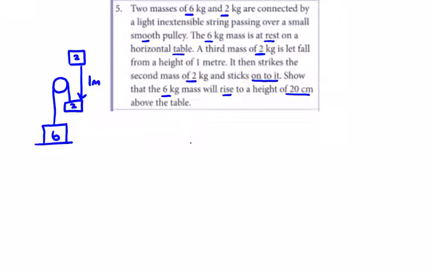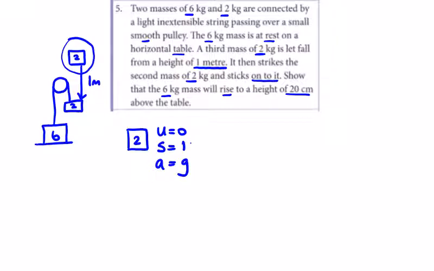So let's take the first 2 kilogram mass that's falling. What are we told? We're told it's let fall from a height of 1 meter, so it's at rest, so its initial speed u is equal to 0. The distance traveled is 1 meter. The acceleration is going to be gravity bringing it down. So we can use v squared is equal to u squared plus 2as.